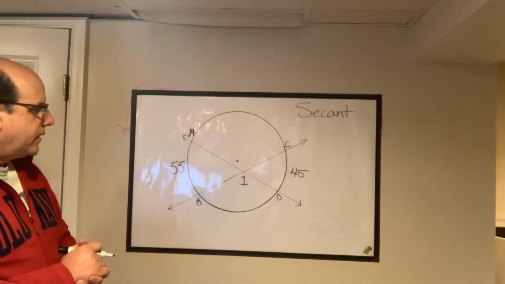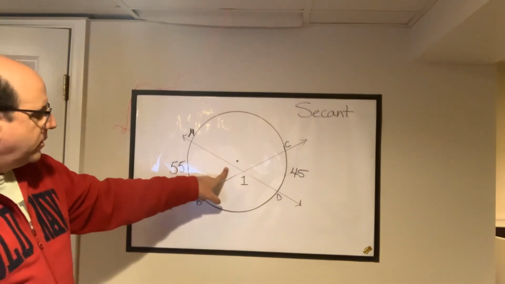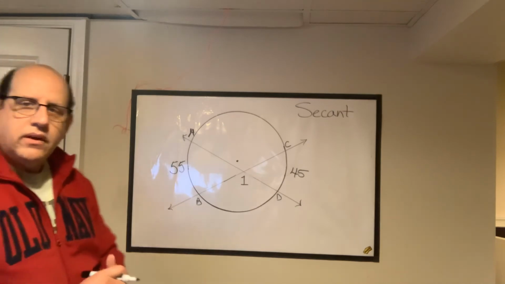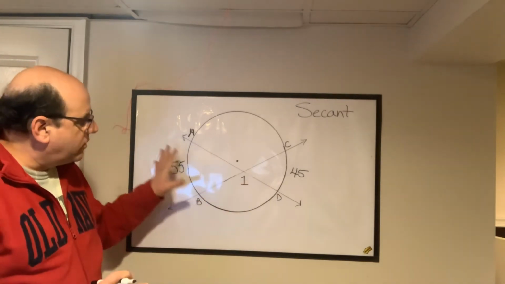And what we have to do is solve for this, because this and this are going to equal 180 because they exist on a line. So this is actually a quite simple idea.